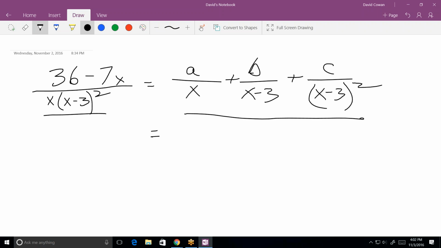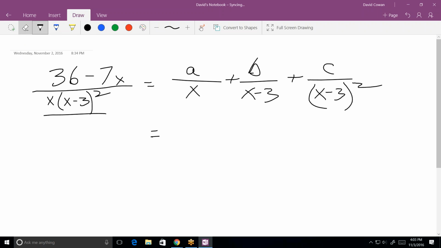Now let's see. The a term is going to multiply by these two terms. No, the a term is going to multiply by that only. Let's go through that logic in case you're confused.